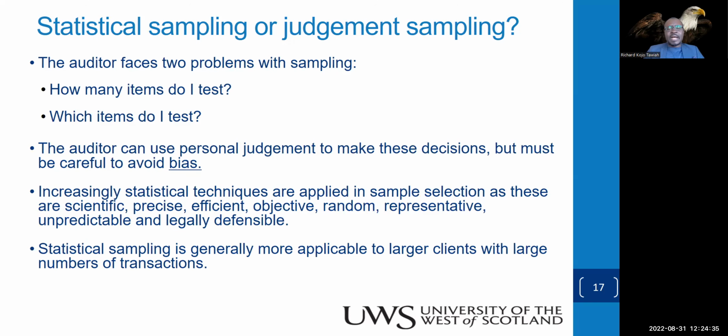What statistical sampling or judgment sampling procedure should we use? Sampling is in two parts, or basis, let me say approaches of sampling: two. We have statistical and non-statistical. Statistical is where we're using scientific methods.